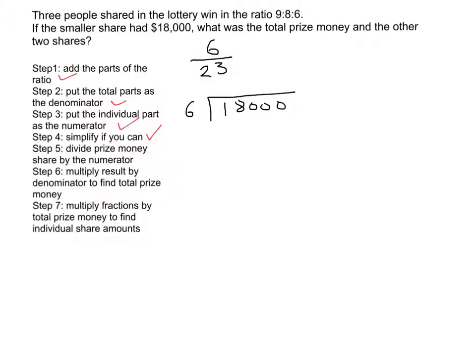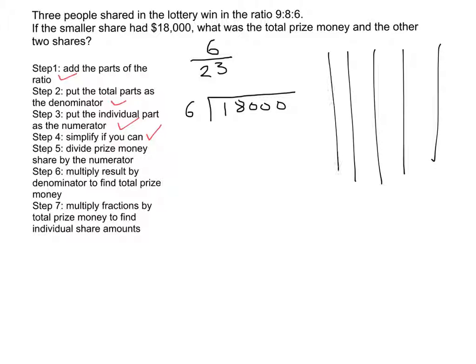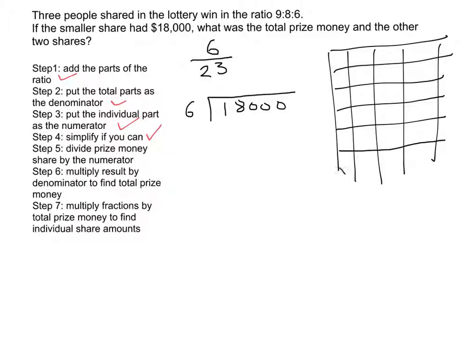Now you may be asking, why do we do this? Why do we divide the prize money share by the numerator? So just to demonstrate why we do that, I'm going to draw a grid, and hopefully this will make more sense. Okay, so we should have here 4, 8, 12, 15, 20, 23.